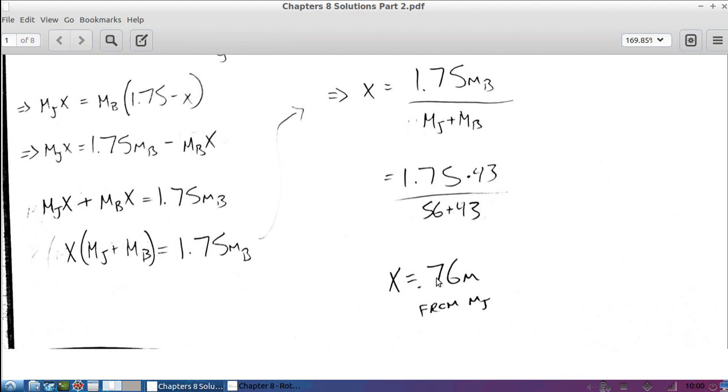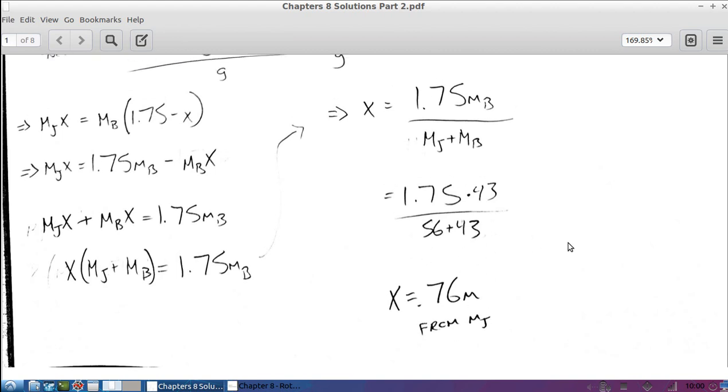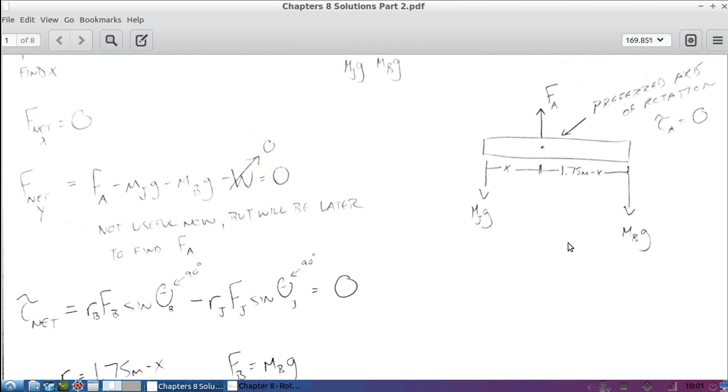Now, is this a practical answer? Let's go back to our problem. We know John is more massive than Bob. So for a torque that's being applied perpendicular to its lever arm, it's just R times F, a product of R and F. So John's force is larger, which means he has to be closer to the fulcrum to apply the same torque as Bob, who is less massive.